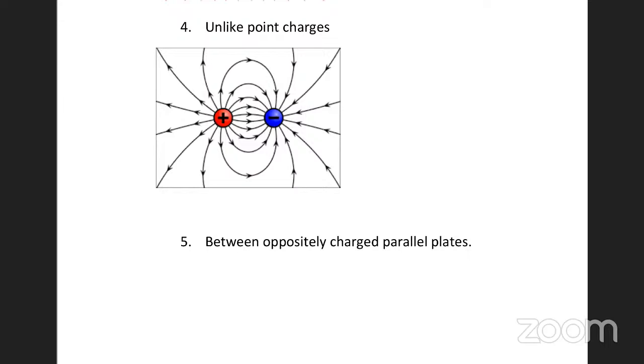Will that interaction happen? Nope. So yes, the field lines don't interact. So here we have unlike point charges and they attract. Right? And now with the like charges, they will not interact, right?